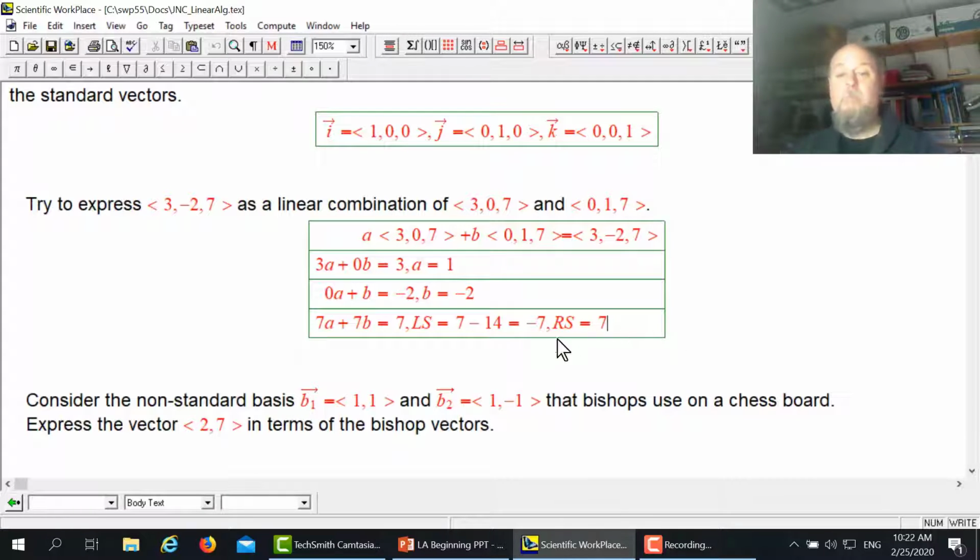So I can't find one a and b that satisfy all three equations. I try to express this vector as a linear combination of these other two, and I can't do it. That means the set of all three vectors must be independent, because I can't make one as a linear combination of the other ones.